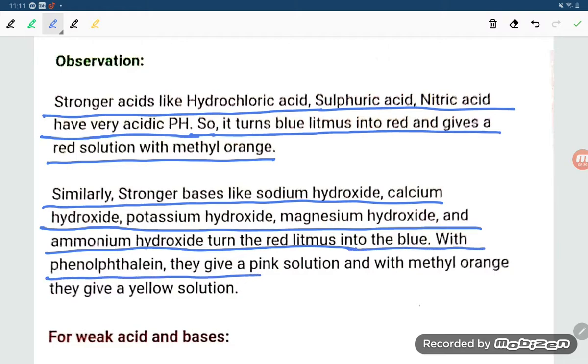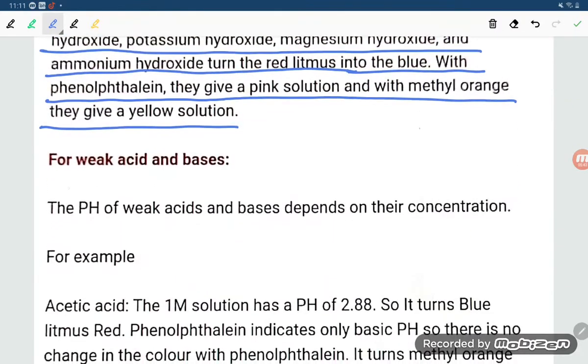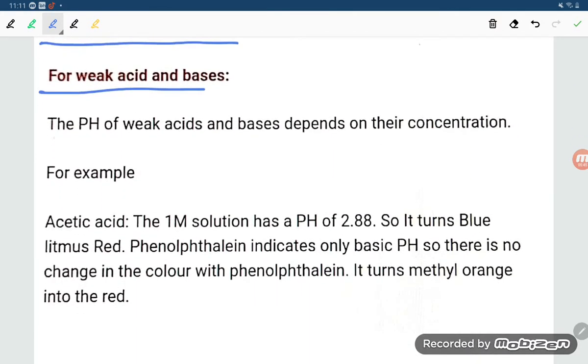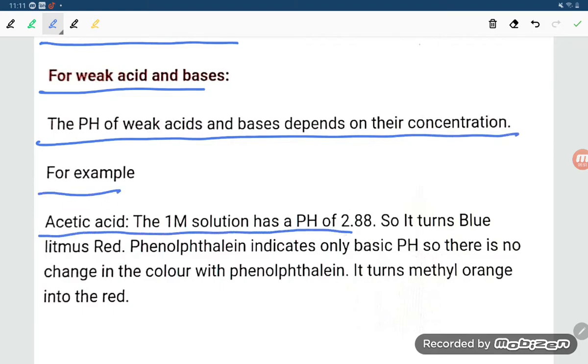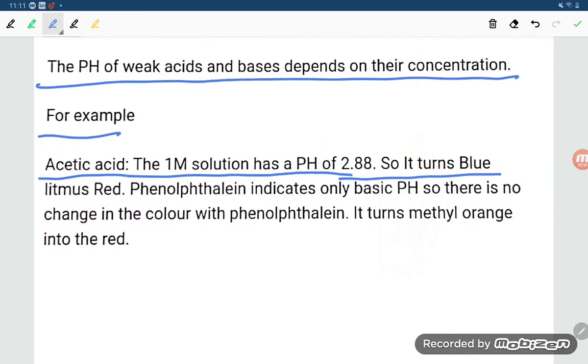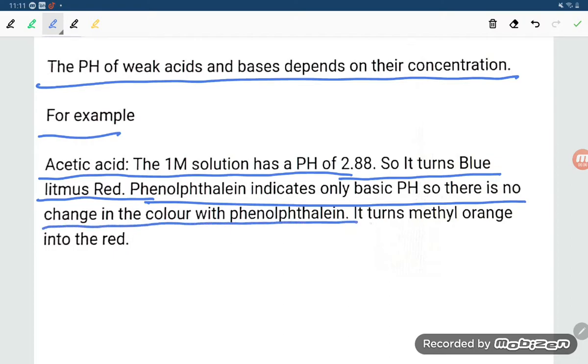With phenolphthalein they give a pink solution, and with methyl orange a yellow solution. For weak acids and bases, the pH depends on their concentration. A 1 molar solution of acetic acid has pH 2.88, so it turns blue litmus red. Phenolphthalein indicates only basic pH, so there is no color change with it. It turns methyl orange red.